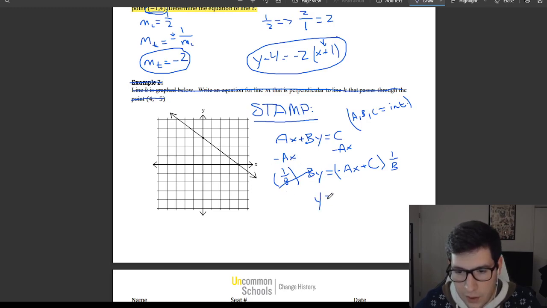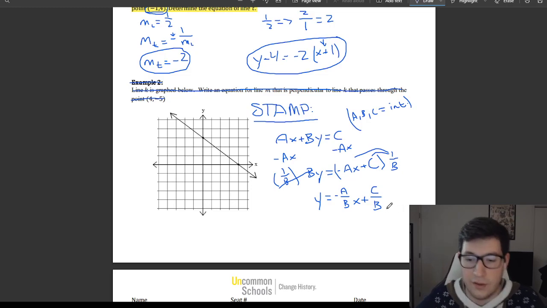And I'm going to be left with y is equal to, and I'm going to take this fraction and distribute it in, as we have previously. So y is equal to negative a over b x plus c over b.